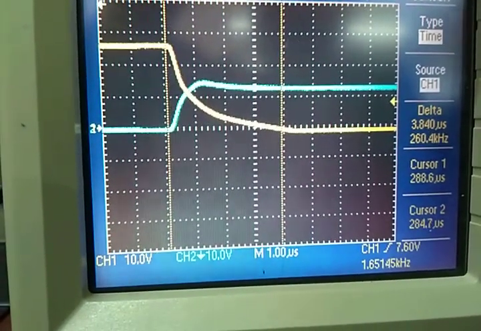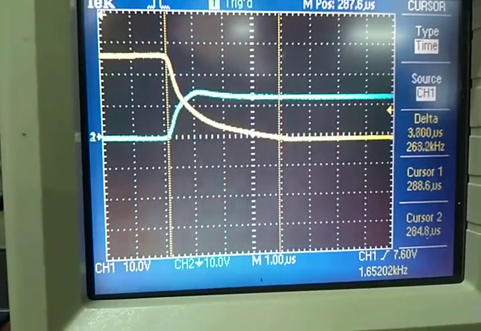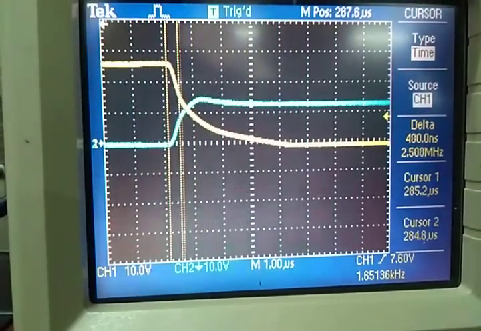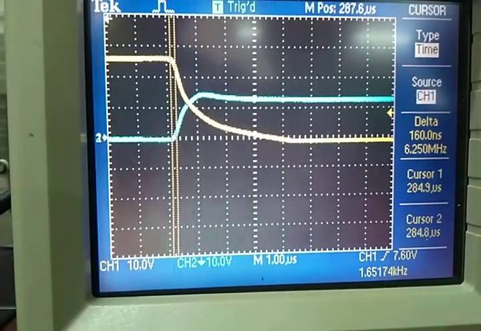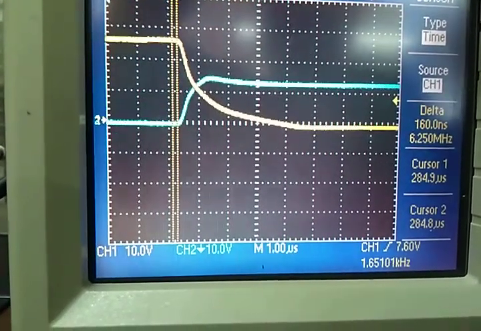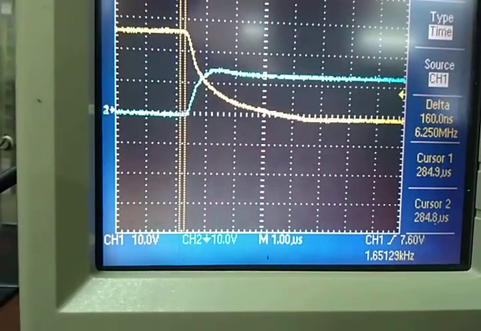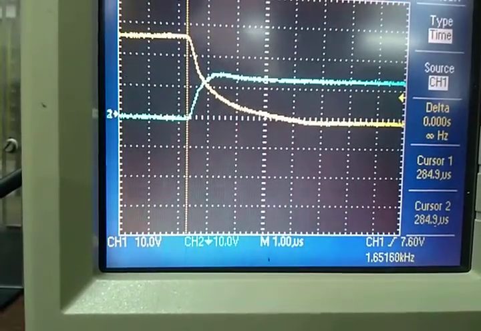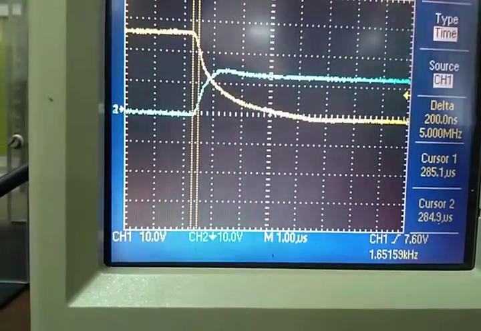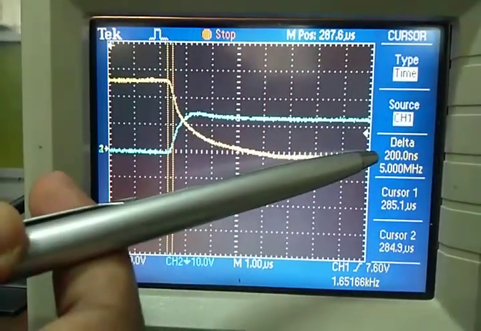This is the instant when the switching action is being applied. Okay, so we will place the other cursor over here. This is nothing but our delay time. We can stop the shifting over here also, so that there will be no confusion. Let me set it first. So this is the delay time, which you can observe is 200 nanoseconds.